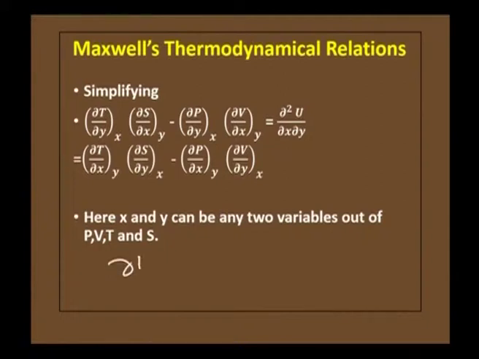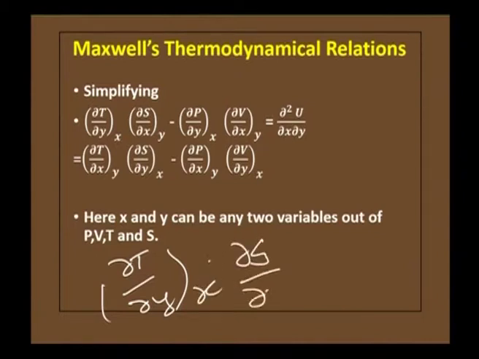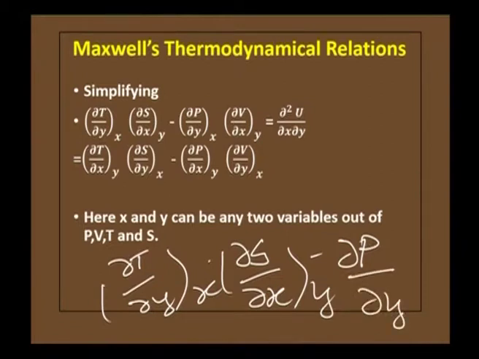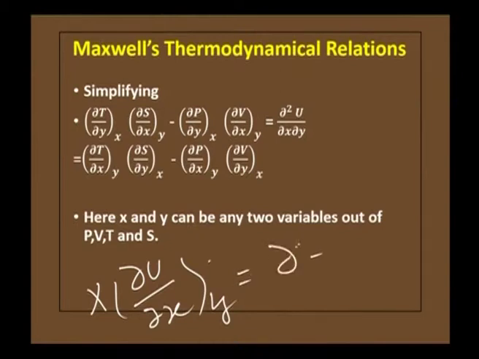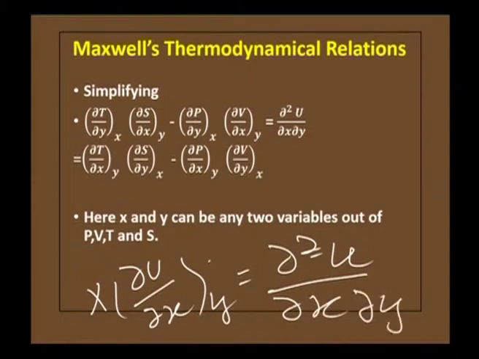Simplifying all this, I can write ∂T/∂y of x into ∂S/∂x of y minus ∂P/∂y of x into ∂V/∂x of y is equal to simply ∂²U divided by ∂x∂y.